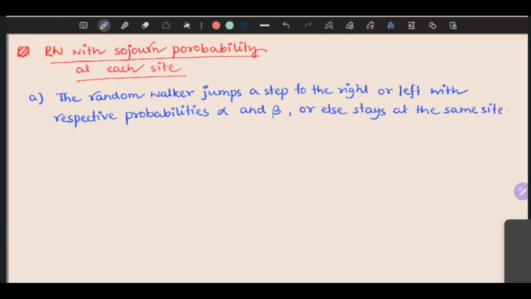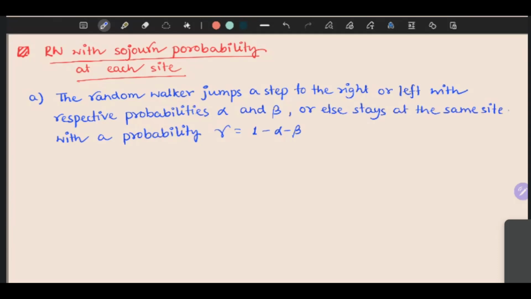So here we are also adding one thing, that it stays at the same site with a probability gamma, which is 1 minus alpha minus beta.